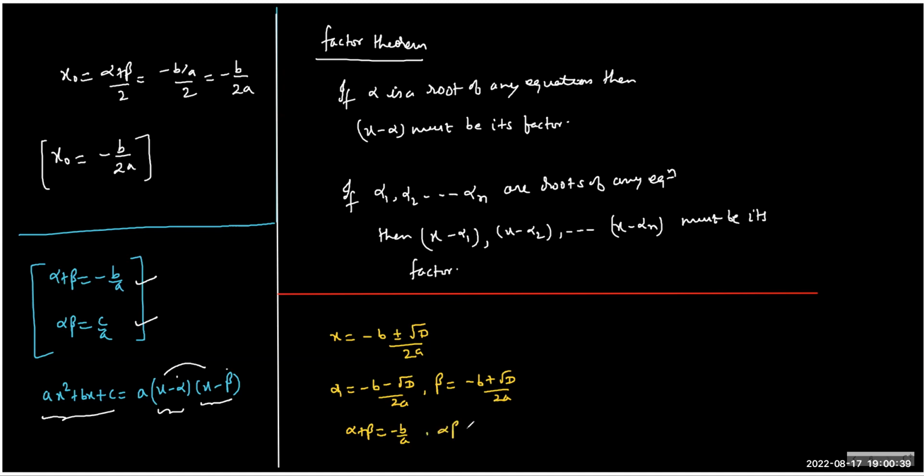And if you multiply these two roots, what do we get? Minus b whole square minus root d whole square. a plus b into a minus b is a square minus b square, upon 4a square. So b square minus d. And d itself is how much, guys?